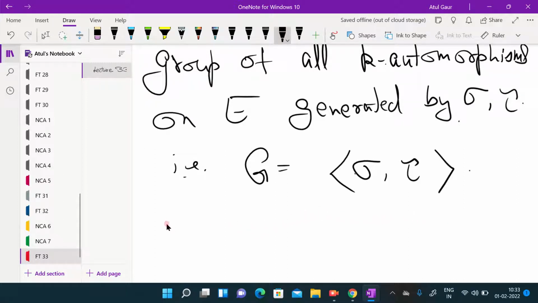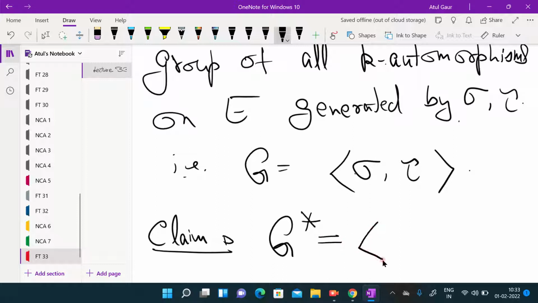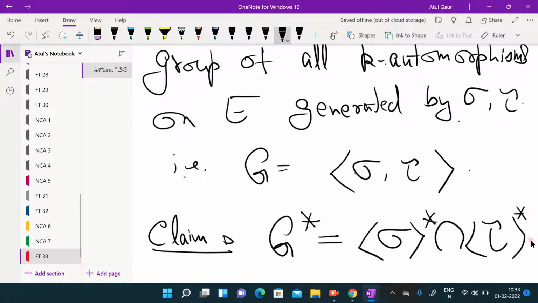Now what I claim is, I'm interested in G star, right? One thing is pretty clear: G star will be the same as sigma star intersection tau star. Is that fine?